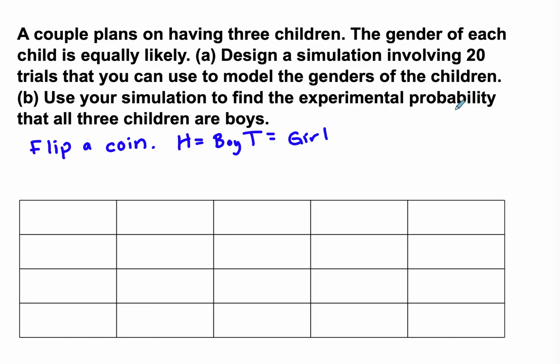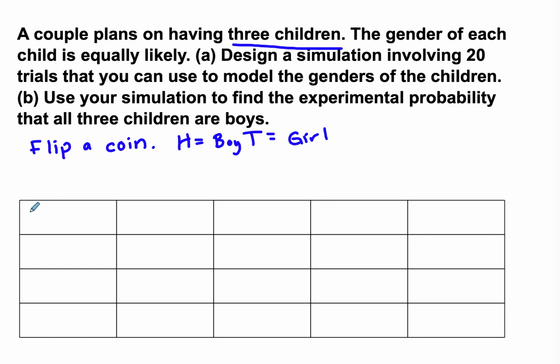So there are 3 children. For each one of these 20 trials, you're going to flip your coin 3 times and record what you have. I'm going to give you some examples. You're not going to write mine down because you're going to do your own simulation.